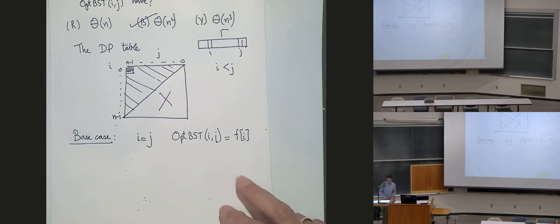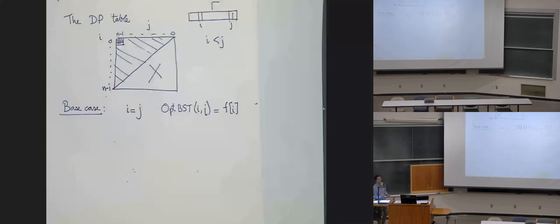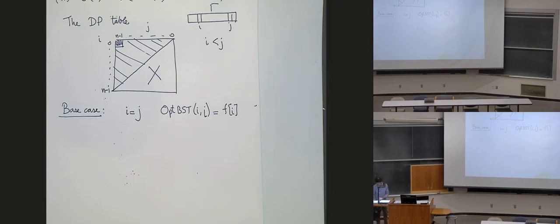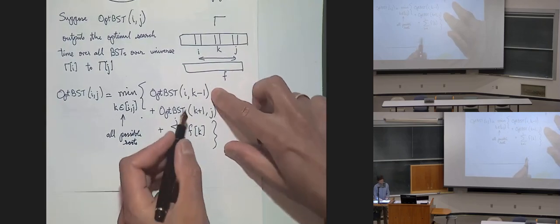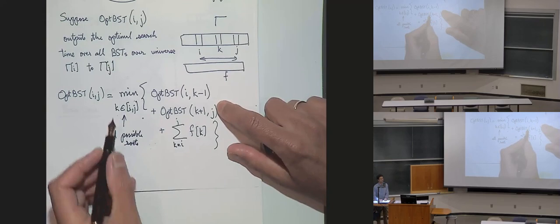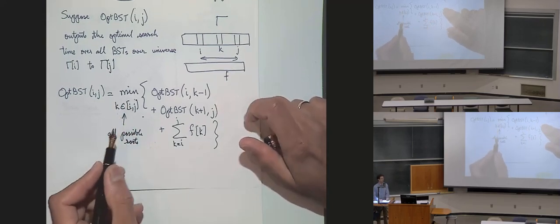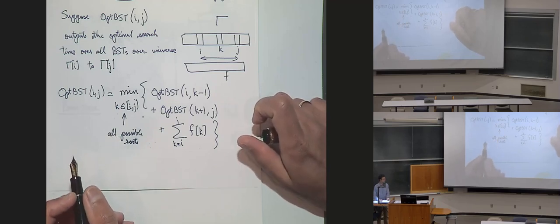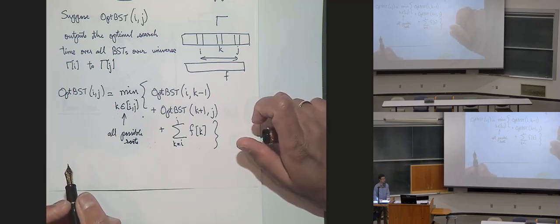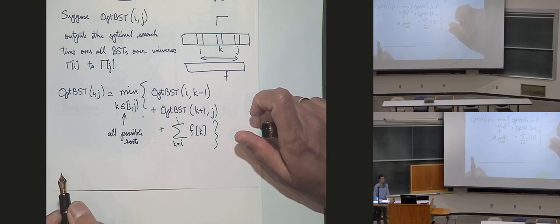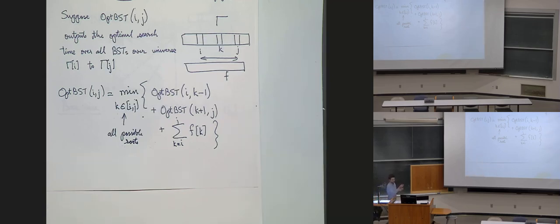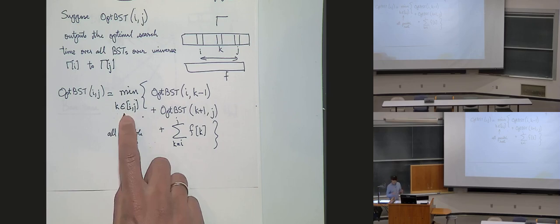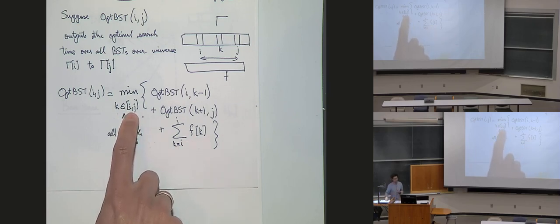So how do you fill up the table now? So let me just write down the procedure to fill up the table, and then based on that we can come up with the output. So you can see pretty clearly from here that once you have these entries, you can get this entry in how much time? Worst case. What is the length of that loop? And the summation. Yeah, it's n because you're only looping over one thing.